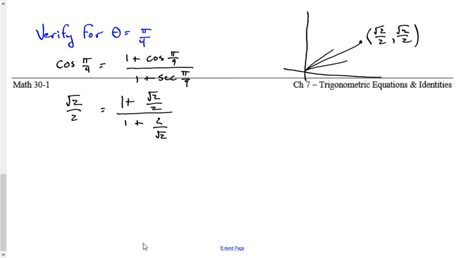Here I have a root 2 in the denominator. There I have a 2 in the denominator. So I'm going to multiply everything on top by 2 root 2, because that would be the common denominator between these two, and everything on the bottom by 2 root 2.